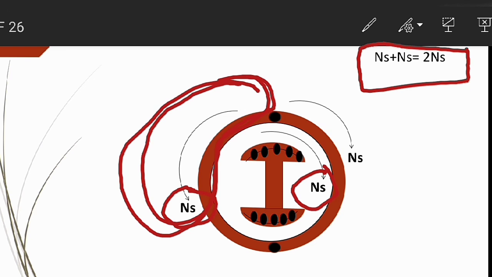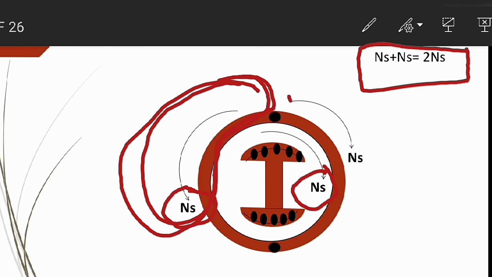So the damper winding starts flowing current through that EMF, producing an MMF which opposes the negative phase sequence field.